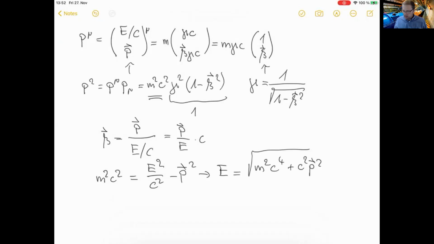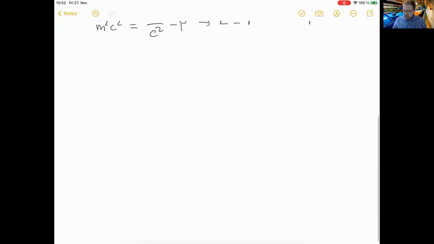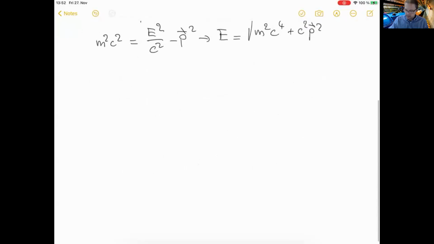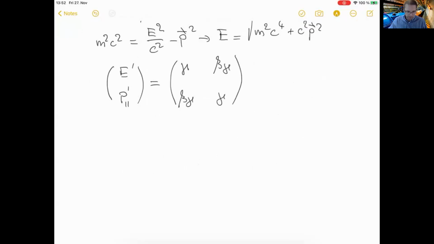Let us now perform a Lorentz transformation. We can, for example, write the Lorentz transformed energy and momentum as a matrix multiplication with gamma, beta gamma, beta gamma, gamma.